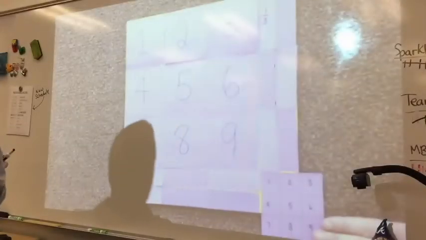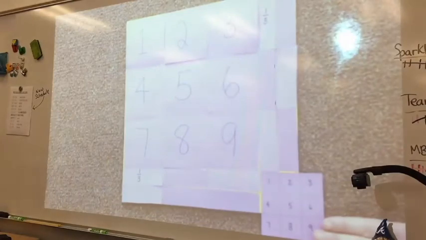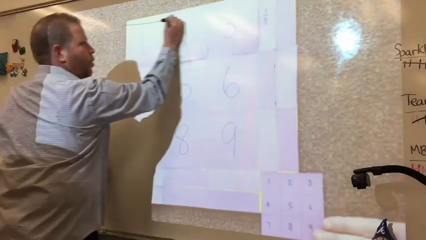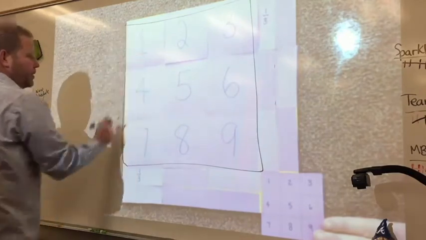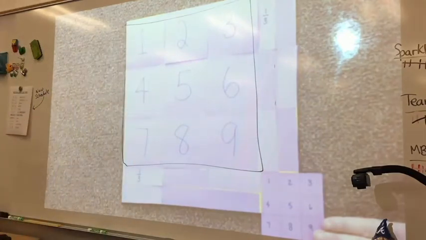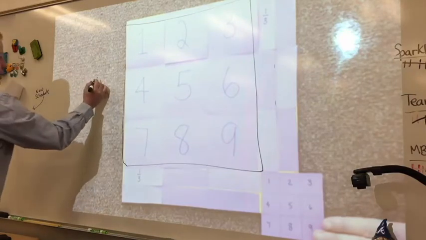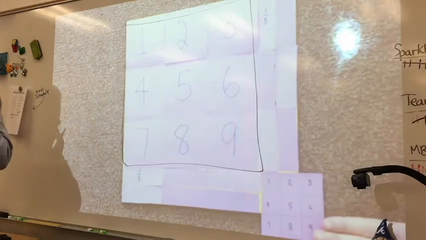All right, so now that we've seen the model, let's talk about this. So you've seen it. How many whole Post-its did we use? 9. Right, so you've used 9 whole Post-its. So let's go ahead, I'm going to outline our 9 whole Post-its. And how did we get 9 whole Post-its, Sarah? What did we do? Because it's 3 times 3 equals 9.